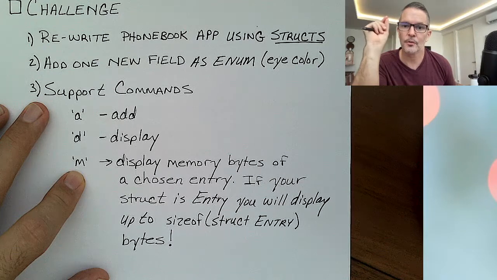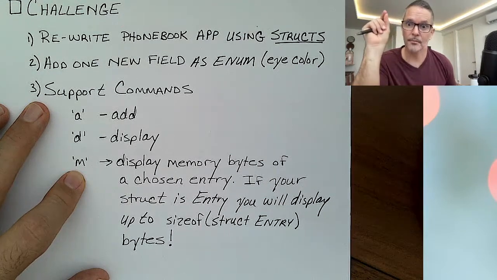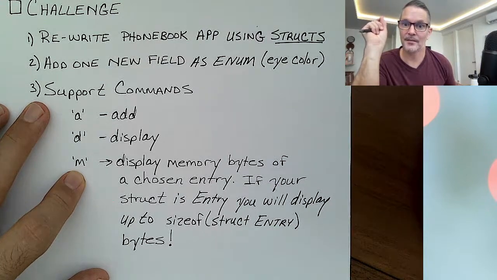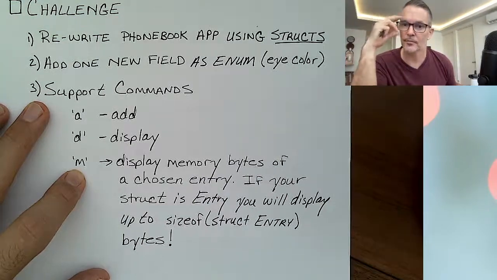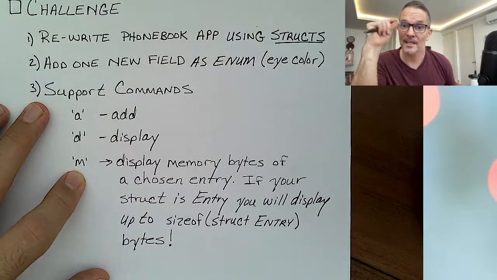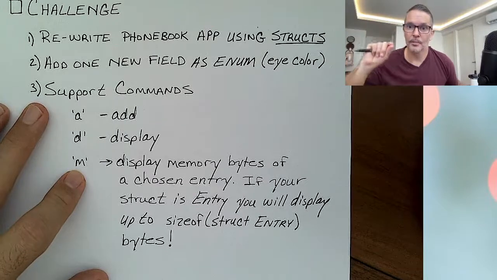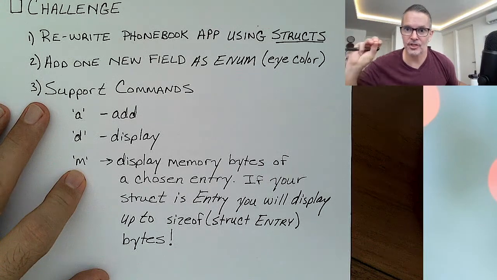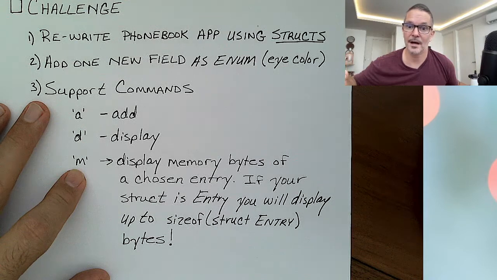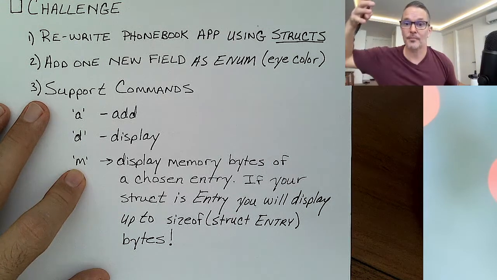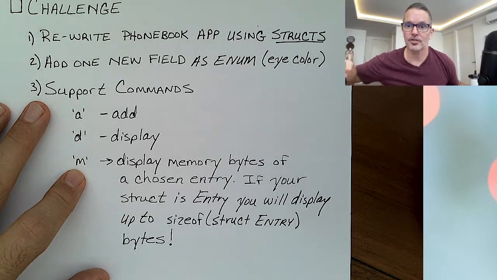So the user will press M, and then you will solicit from the user an index in the phone book from 0 to however many entries are in the phone book. And this M function will look up the address of that entry and print out the memory represented by the entry. So you're going to be printing the memory of a structure, just like we did for character arrays.